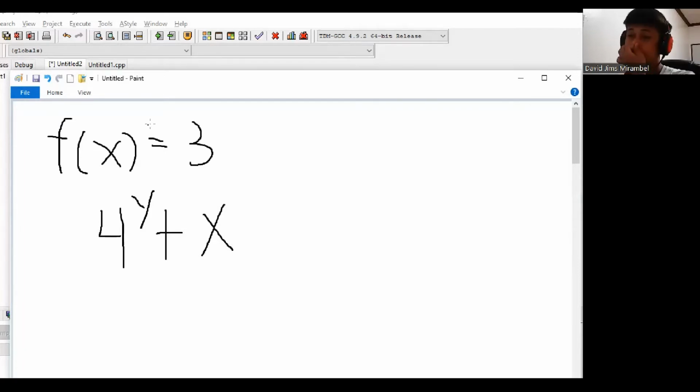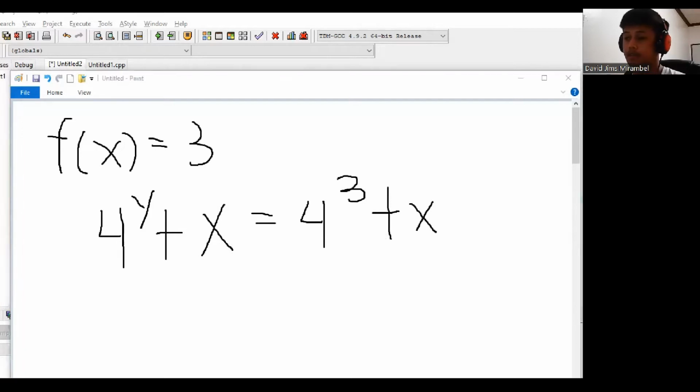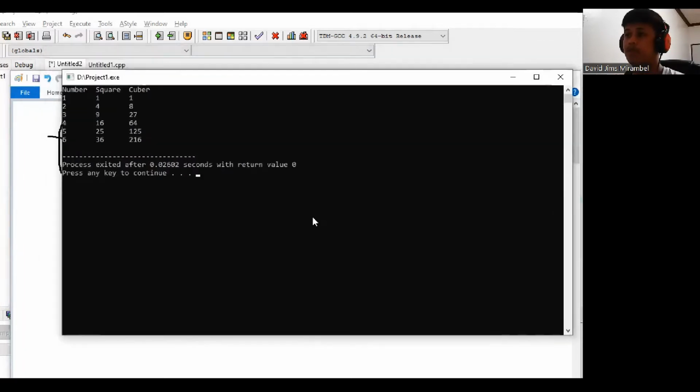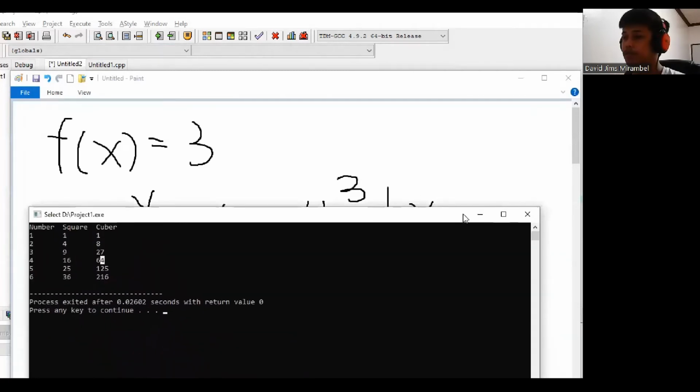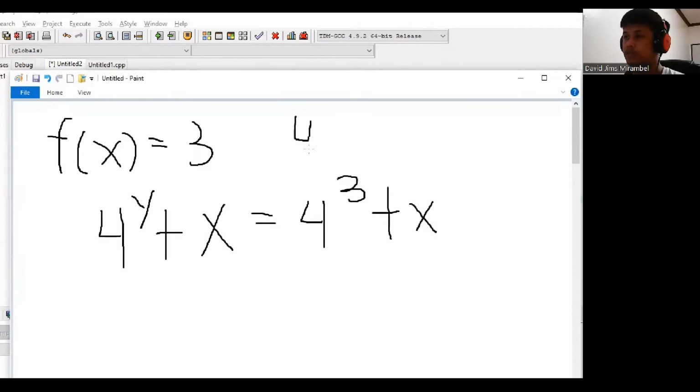Let's substitute this. It is going to be 4 cubed plus x, and in the list we refer to the number 64. So that means 4 cubed is equal to 64.